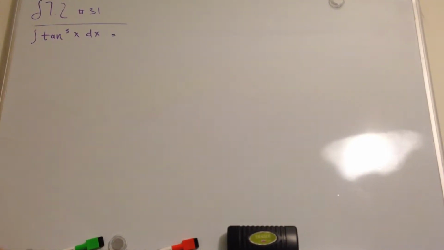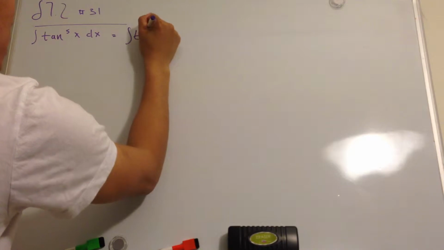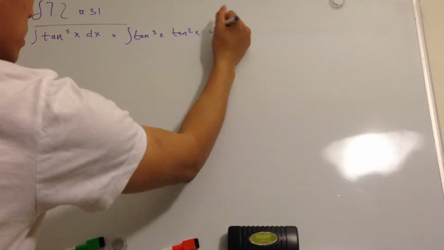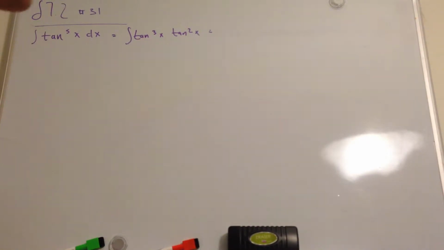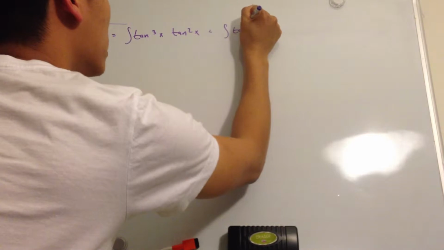Problem 31, section 7.2. The integral of tangent to the 5x dx. Let's break this up: tangent cubed x, tangent squared x. Tangent squared x is the same thing as secant squared x minus 1. So let's put that in.